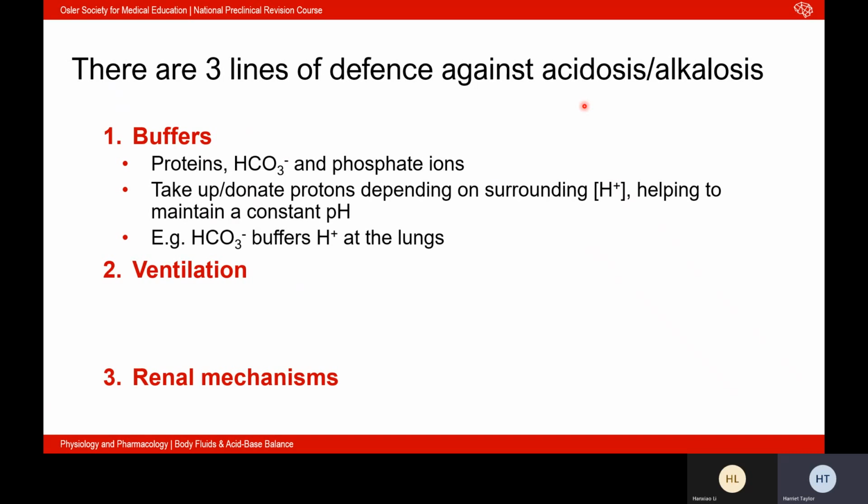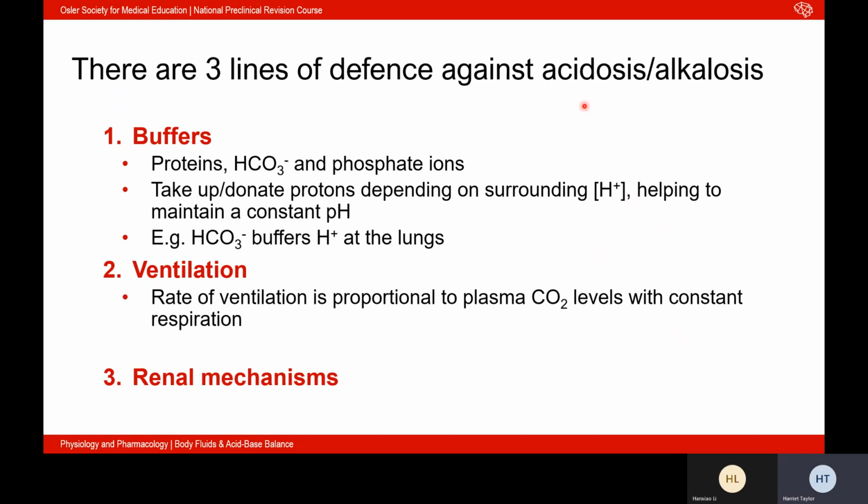So another example would be HCO3, which also buffers protons in the lungs. So it takes them out and becomes carbonic acid. So the ventilation. The rate of ventilation is proportional to the plasma CO2 with a constant respiration. So that basically just means if you're breathing really fast, hyperventilation, you're going to get rid of more CO2 and you're going to get hypocapnia, which just means less CO2.